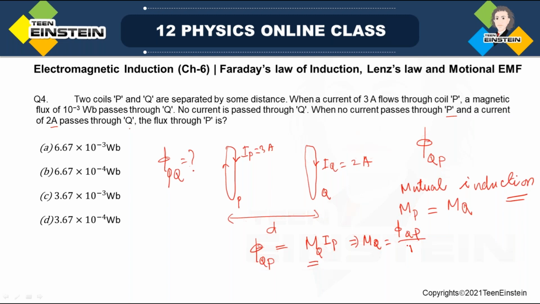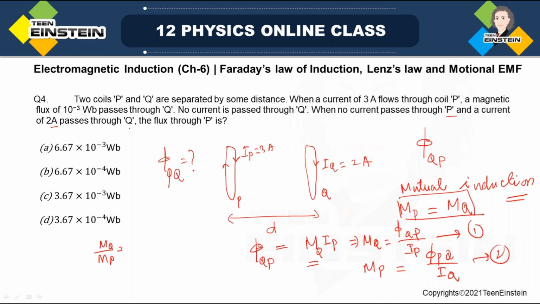Similarly, I can write MP is equal to phi PQ divided by IQ. Now this is one equation and this is another equation. I can just take the ratio of these equations. Since MP and MQ are equal to each other, look what I can do.